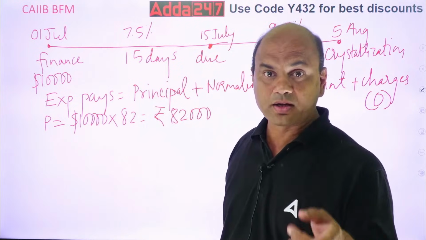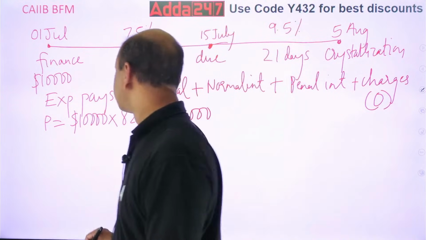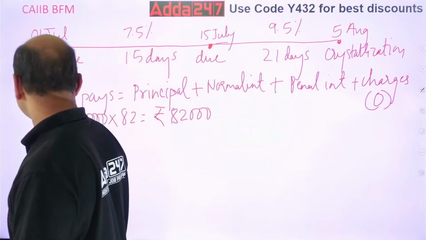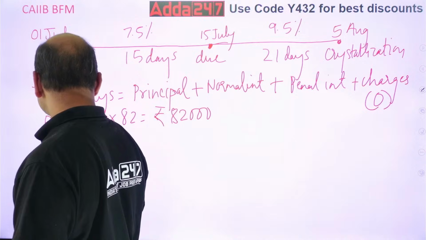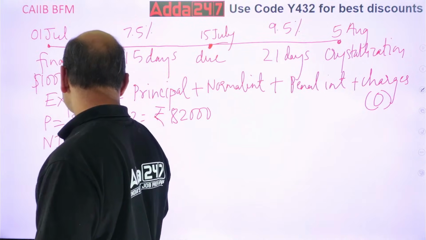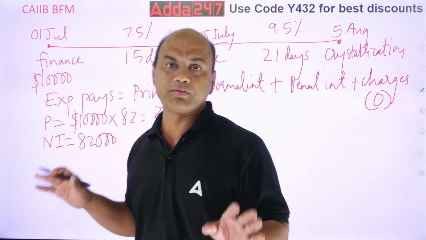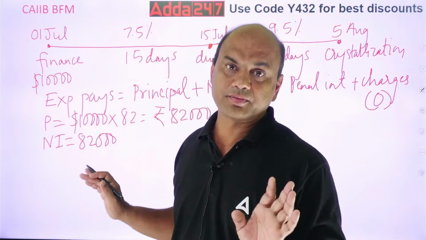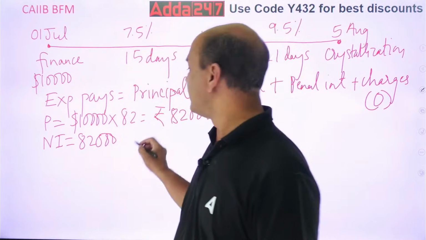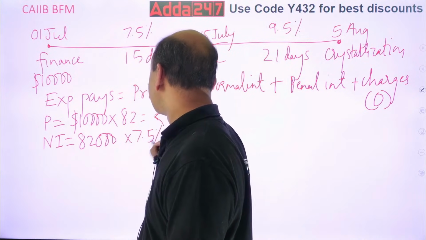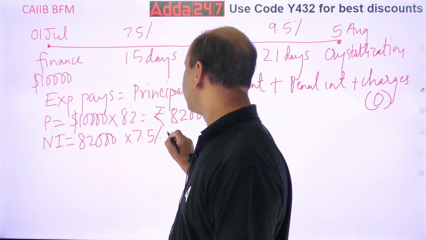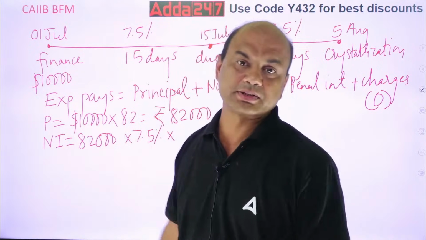Now regular interest. Normal interest, NI, equals 82,000, because after all I have financed him 82,000 INR, into 7.5%, into now the days.